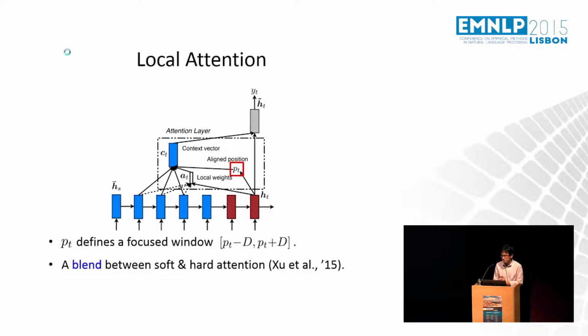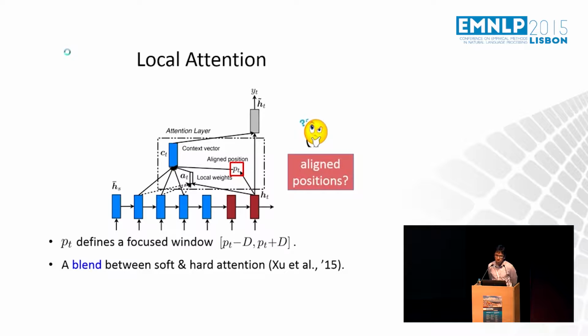If you're familiar with the work by Xu et al. 2015, this is a nice blend between soft and hard attention, because we don't look at all of the words, or at a single word, we just look at a subset of words. And also, the nice thing about this model is that it's differentiable, unlike hard attention, where you have to do things like reinforcement learning or sampling-based techniques.